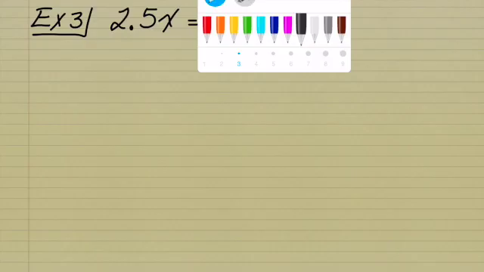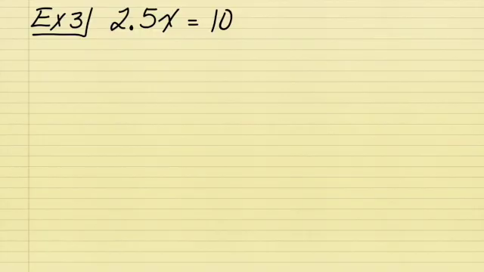Let's look at another one. Example number 3. 2.5 times x equals 10. Okay. All right, so I make my equal sign into a wall. I go to the side with the letter, and I do the opposite.